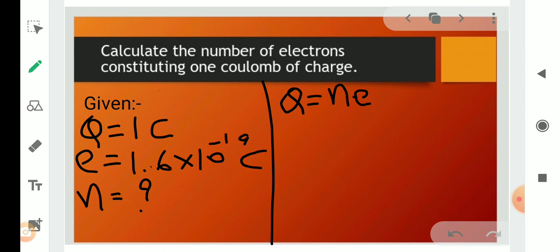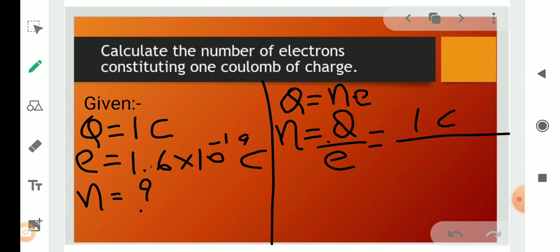So here we want N. Therefore N is equal to Q divided by E. So substitute Q and E here. Q is equal to 1 coulomb, and charge of an electron, that is 1.6 into 10 raised to minus 19 coulomb.